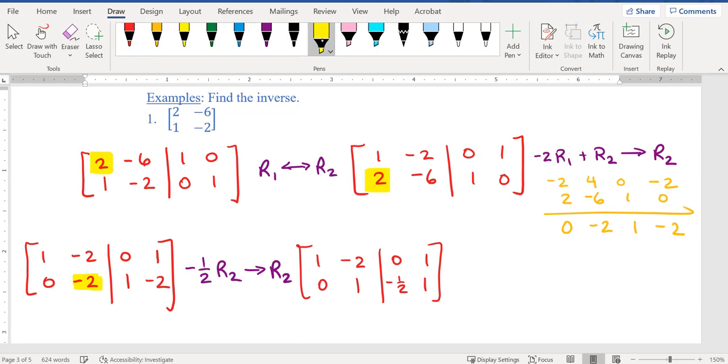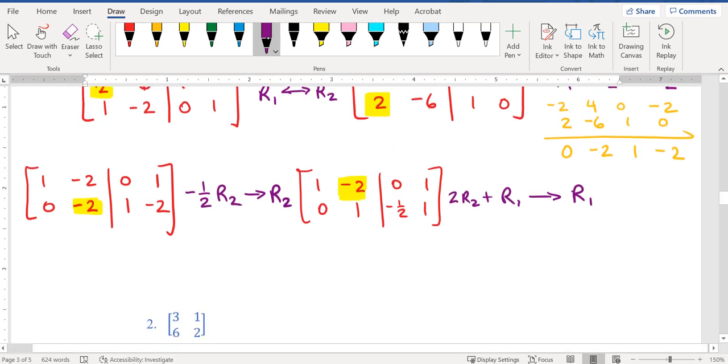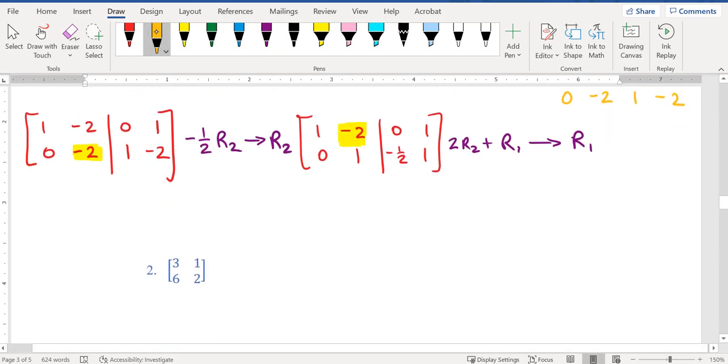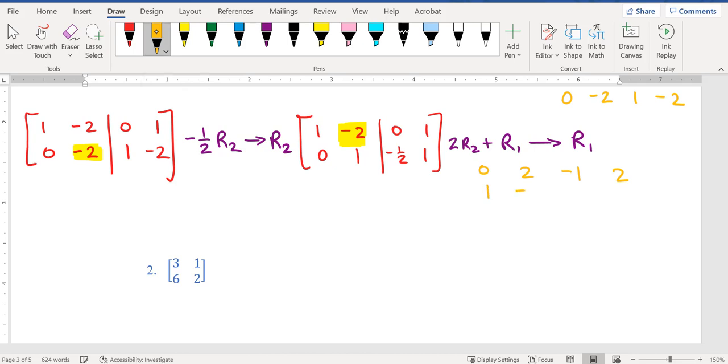One more step. I need to get a 0 here, so I take 2 times row 2 plus row 1 and make it my new row 1. 2 times row 2 gives me 0, 2, -1, 2. Adding that to row 1, 1, -2, 0, 1, I get 1, 0, -1, 3.